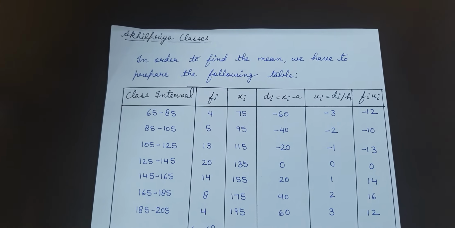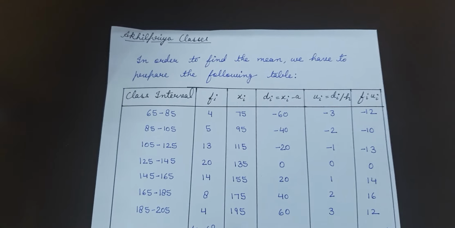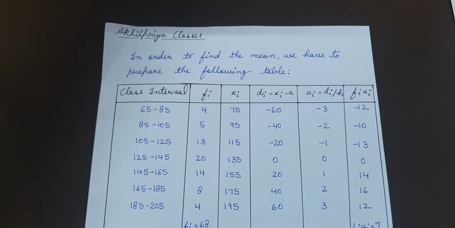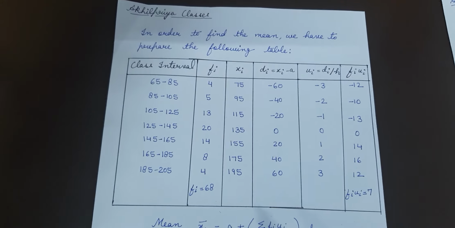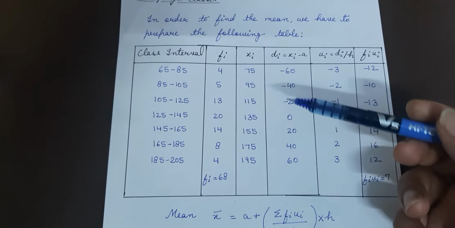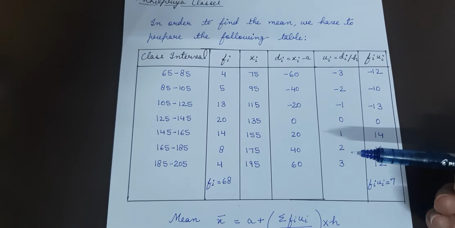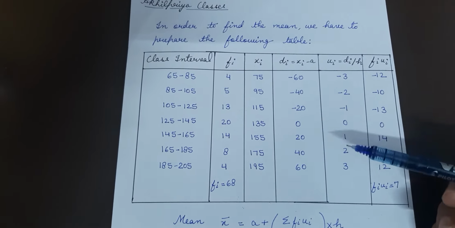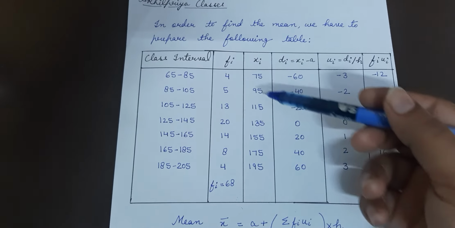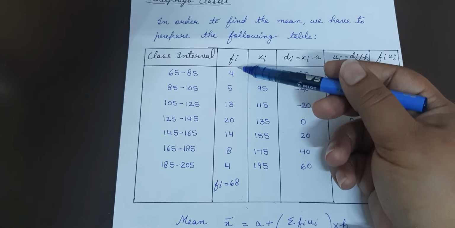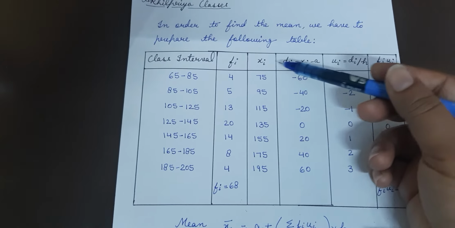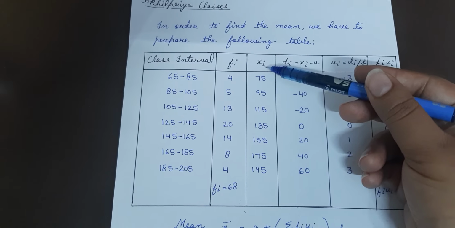Now we have found the value of mode and median also. Now we are left with the mean. For calculating the mean, we need to add some more columns in our frequency distribution table. Here we have given the fi in our question, and we calculate the value of xi.